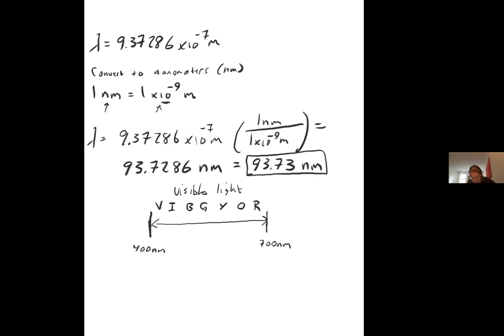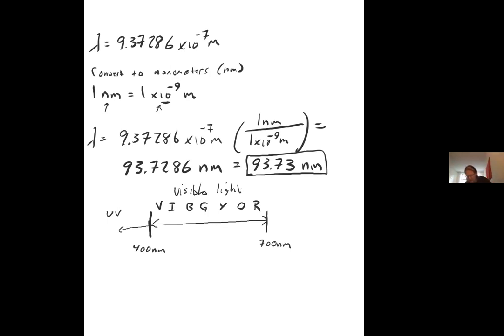And once you get below 400, once you go from about 400 down to about 10 nanometers, this is called ultraviolet, UV, right? So think about it. UV is next to V, right? Ultraviolet is just more than violet, right? So ultraviolet is right next to violet.